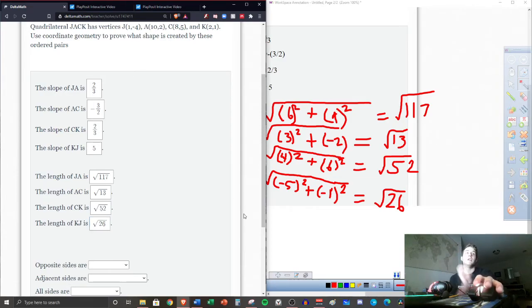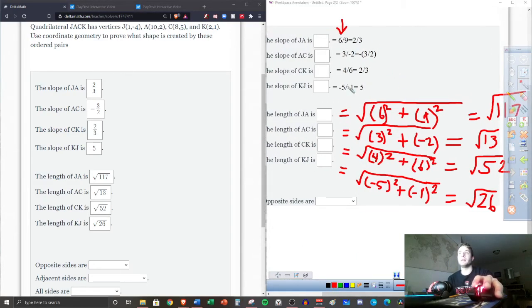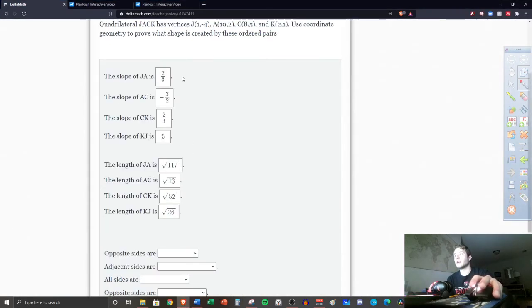So those are our lengths. Now you'll notice none of these lengths are congruent at all. Okay, so we know it's not a rhombus, we know it's not a rectangle, and we know it's not a square because the opposite sides aren't congruent either. For the rectangle, we don't have all perpendicular slopes either. Okay, so now we're able to interpret what's going on with this shape.